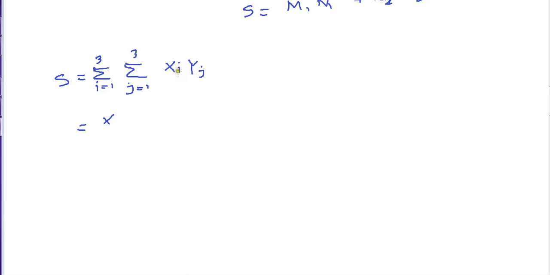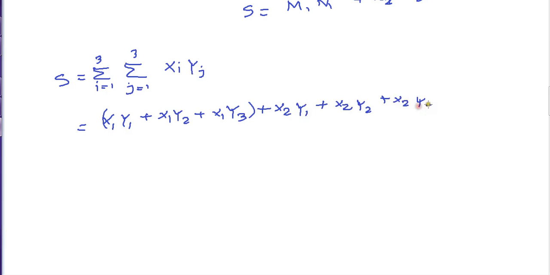At first, if I say i equals 1, then all the terms run over j. So x1 y1 plus x1 y2 plus x1 y3. Similarly, we can write x2 y1 plus x2 y2 plus x2 y3, right?